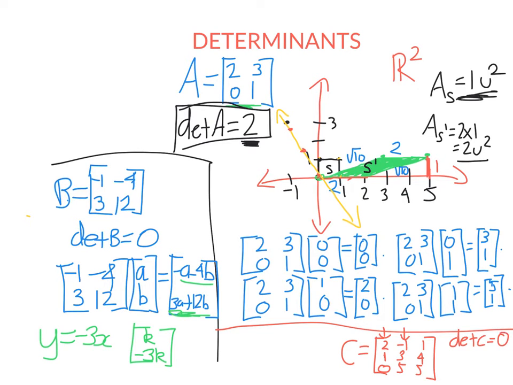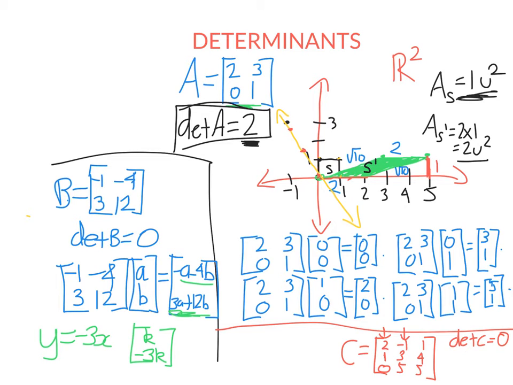So what that means is if you had, say, a cube in 3 dimensions, and you applied C, the linear transformation, to each vertex of that cube, it would map all of those vertices that are in 3 dimensions onto the same 2-dimensional plane. So all of them would lie on the same plane. Now, in 3 dimensions, the physical quantity we're talking about is volume.